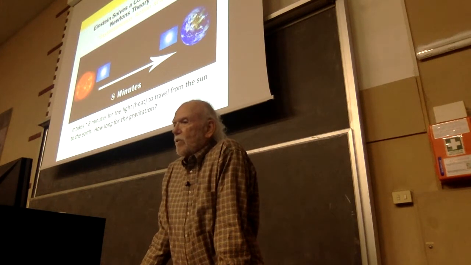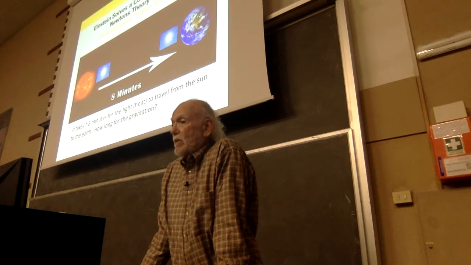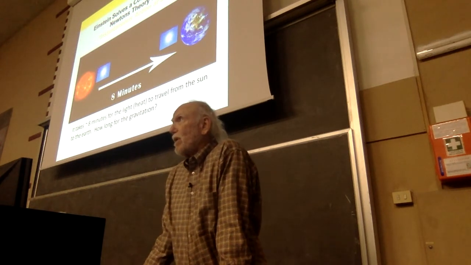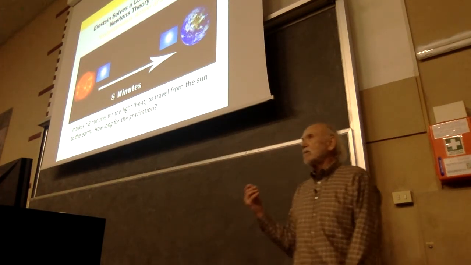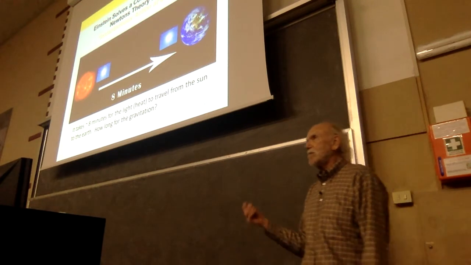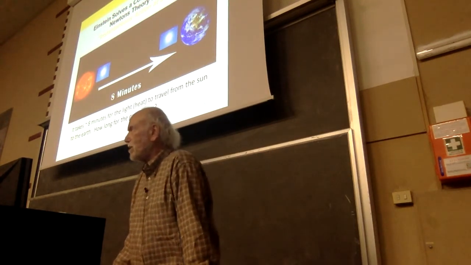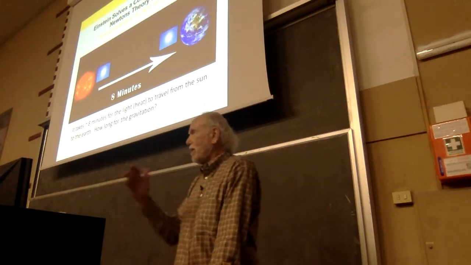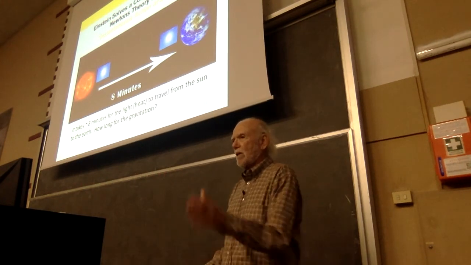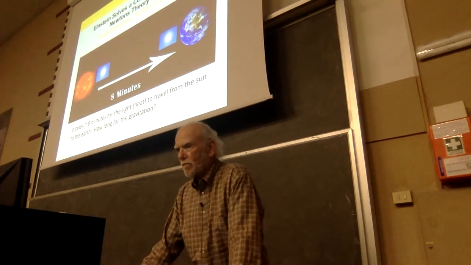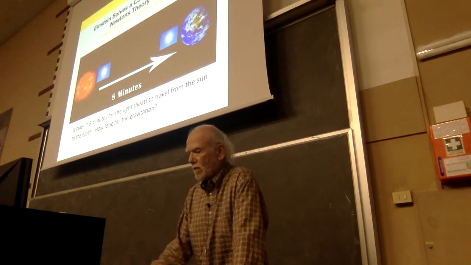And so it also takes 8 minutes for the gravitational signal to get here, because in Einstein's theory, the speed of gravity, or gravitational waves, which we'll see, is the same as the speed of light. Since we knew about light first, we call it the speed of light. It's the same speed, and it's finite. It's very fast, but it's finite. And so the 8 minutes is also how long it takes for a gravitational signal to come.